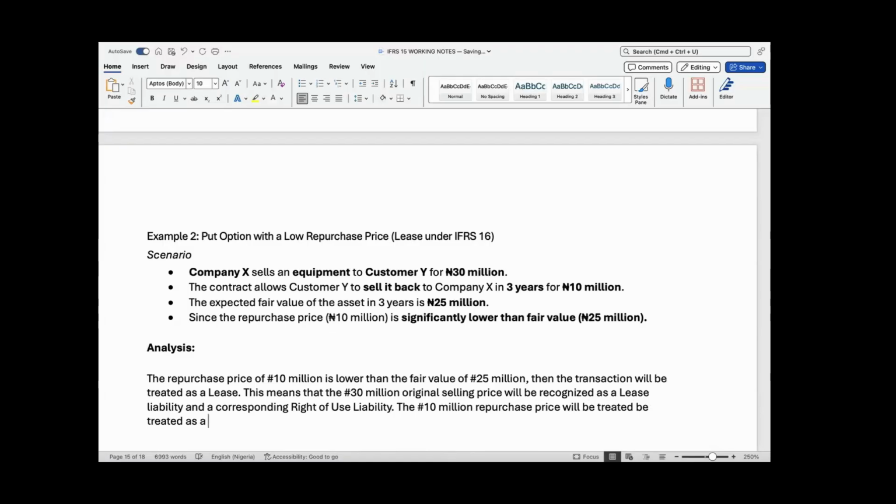You may not know this one either because I haven't taught you leases. We will see it as a purchase option. There is something we call a purchase option under IFRS 16. This will become clearer when I teach you the next topic, IFRS 16, but that's how this would work.